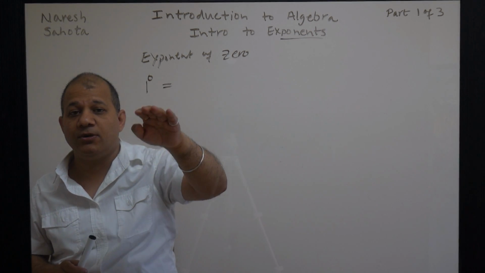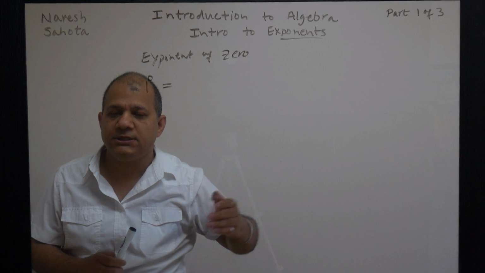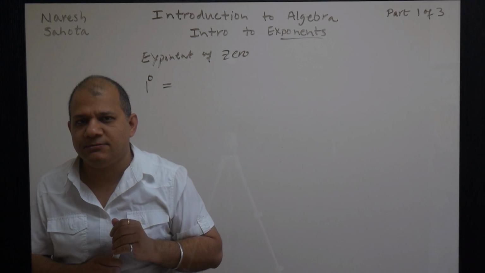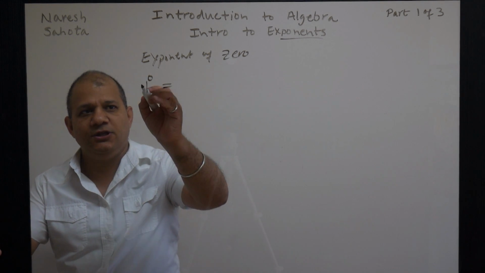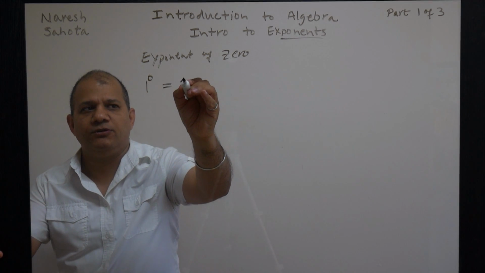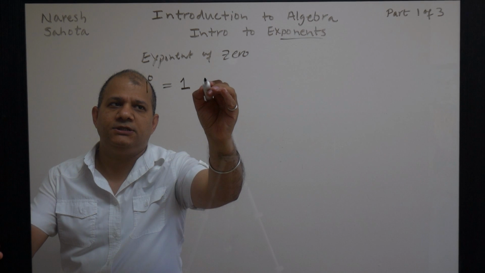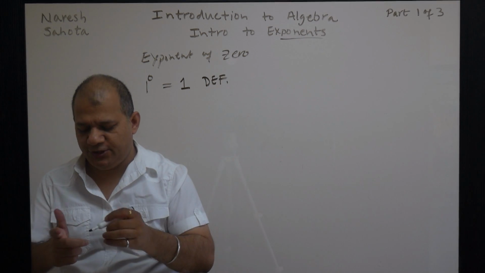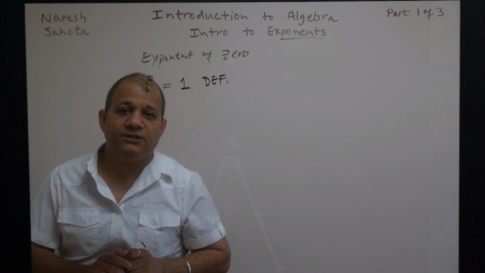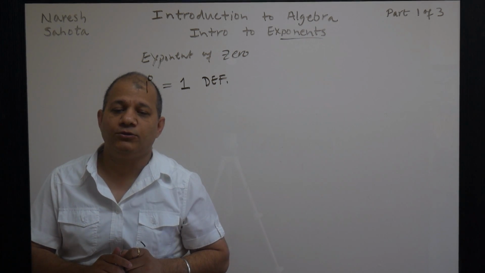I can write any number once or more than once. But how do I write it 0 times? It's not possible. So by mathematical definition, when we have an exponent of 0, the answer is always 1. So by definition, anything raised to the exponent 0 will always equal 1.